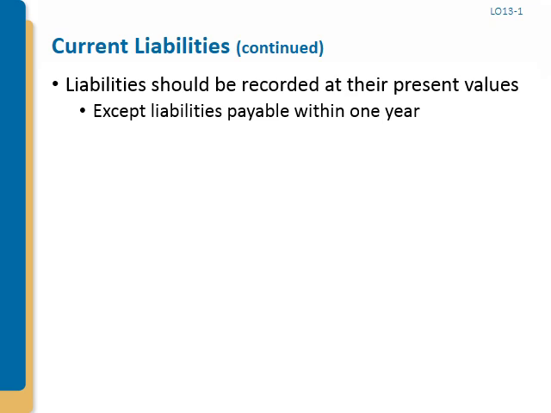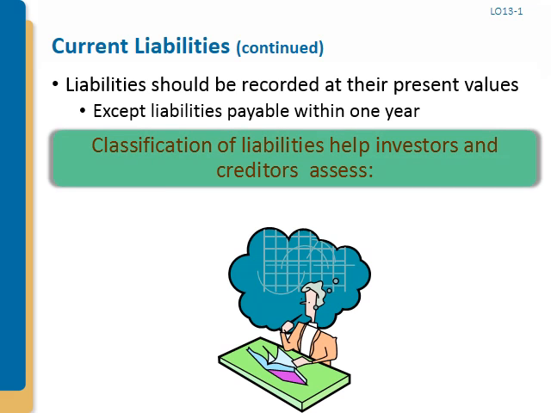Classifying liabilities as either current or long-term helps investors and creditors assess the risk that the liabilities will require expenditure of cash or other assets in the near term. Is the due date years in the future, permitting resources to be used for other purposes without risking default? Or will the payment require the use of current assets and reduce the amount of liquid assets available for other uses?